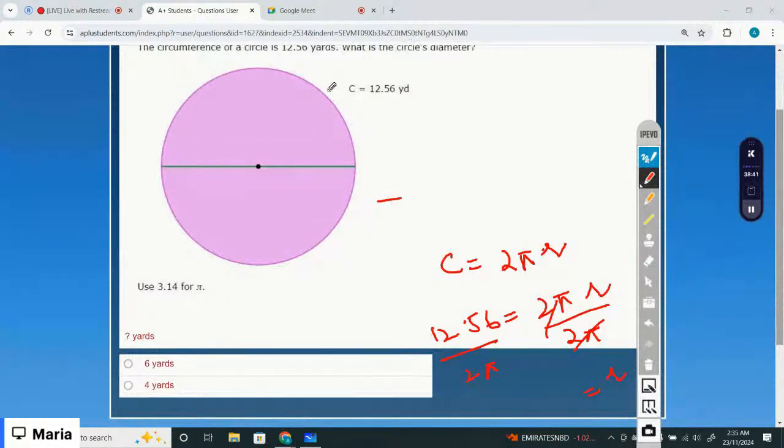Hold on, let me just divide 12.56 by 2 times 3.14. That is 2. The correct option is 2.